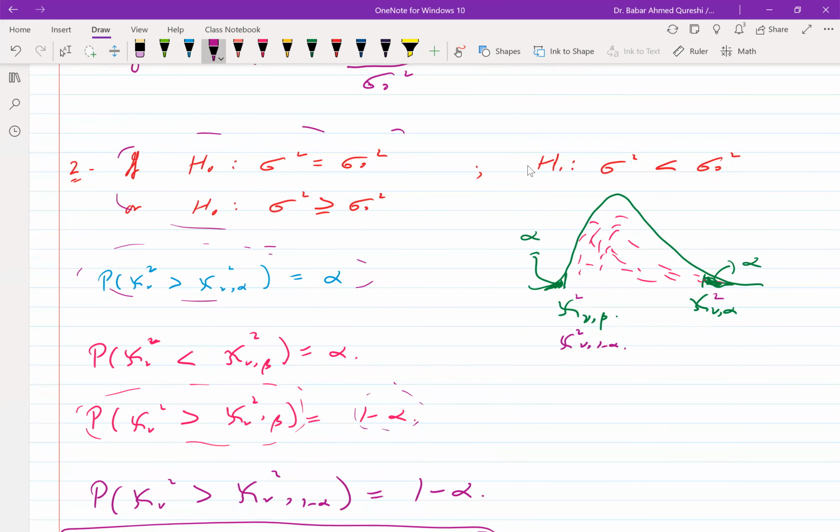So this you reject if n minus 1 S square over sigma naught square is less than this critical value.